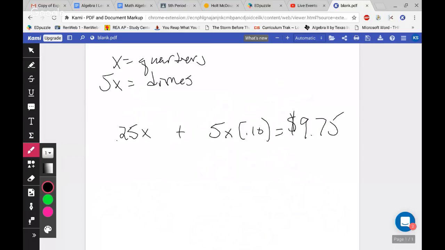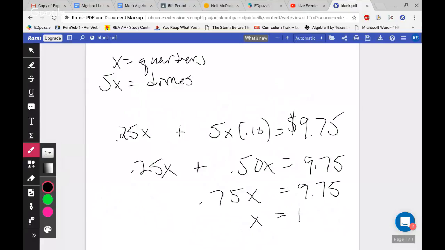So you divide both sides by 0.75. So your quarters are x, and your dimes, which were 5x, so it's 5 times 13. You got 65 dimes.